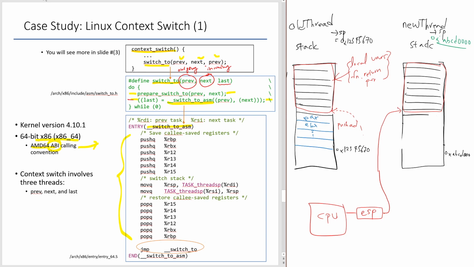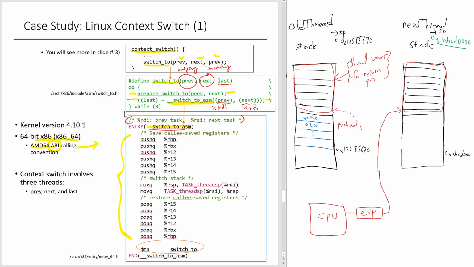According to the x86 64-bit ABI for Unix-like systems, the first argument is transferred by the RDI register. The second argument is transferred by the RSI register. With this, let's take a look at this context switch code here.